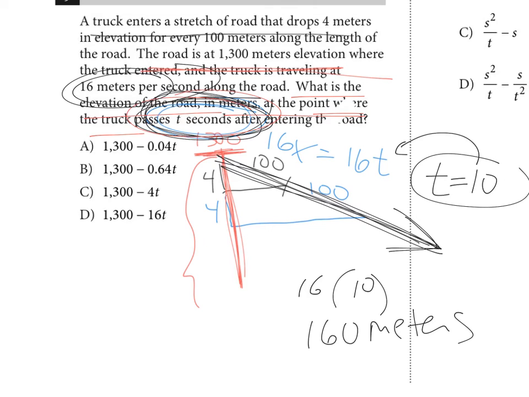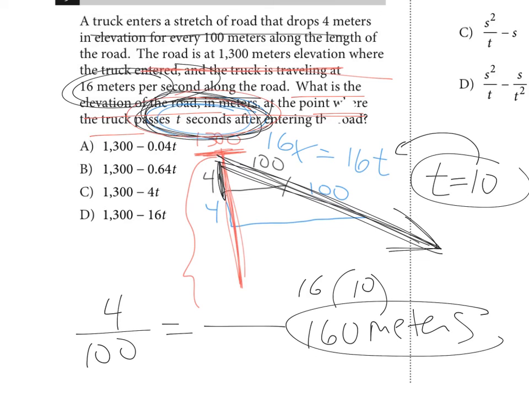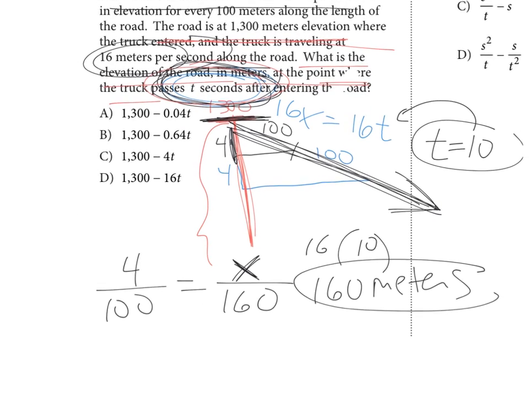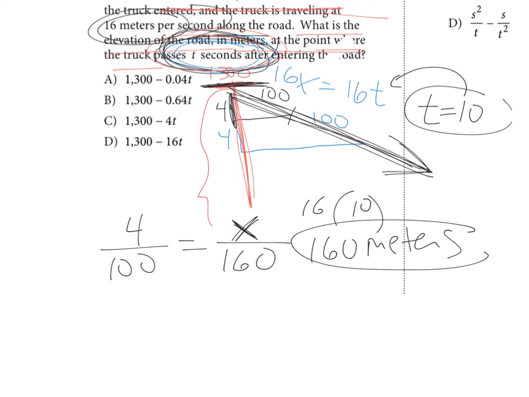What would the elevation be? Well, since it's 4 meters for every 100 meters driven, in my example, the truck traveled 160 meters. How many meters did it drop from the 1,300? So if I solve this proportion for x, I'm going to cross multiply. 100 times x is 100x. 4 times 160 is 640.